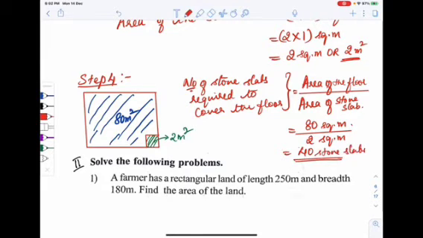So we need to have 40 stone slabs of 2 meter square area to fill this particular auditorium, which is of an area 80 meters square. I hope all of you have understood, children.